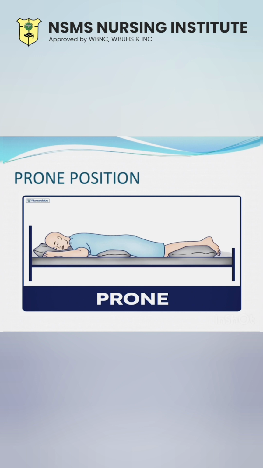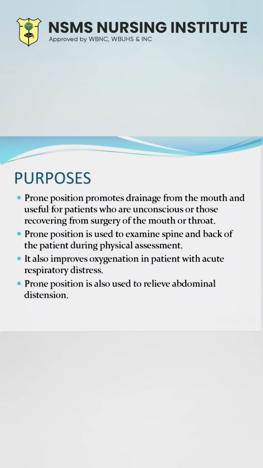To support the patient lying in prone position, place a pillow under the head, one pillow under the waist, and one under the ankle to release the weight of the toes. Arms may be above head or alongside body. Now, let us learn the purposes of prone positioning.